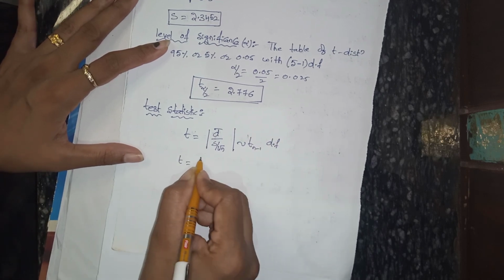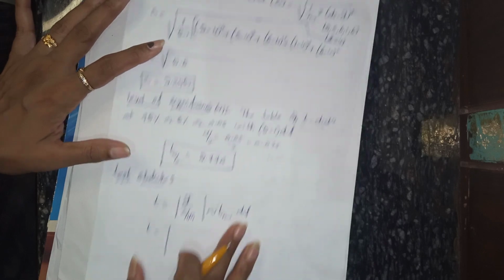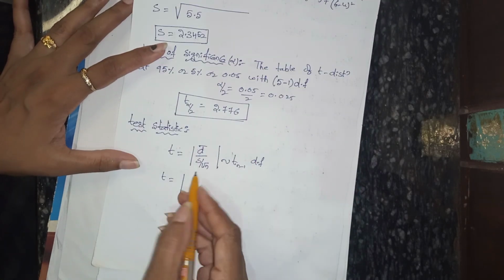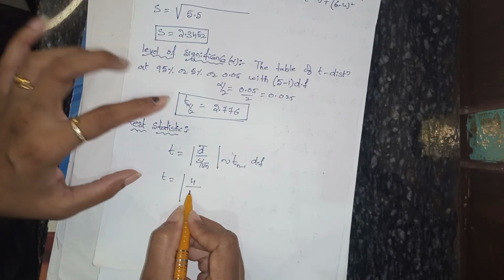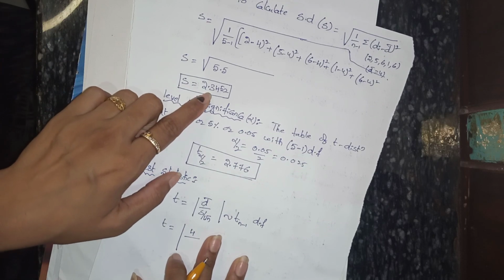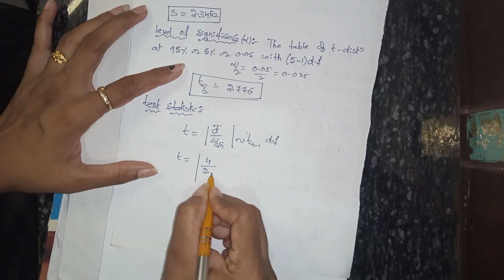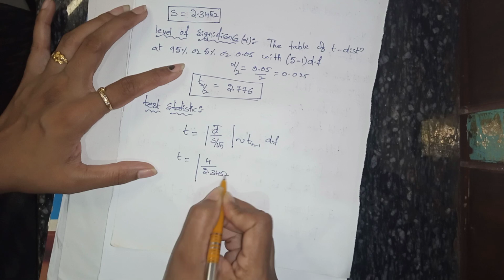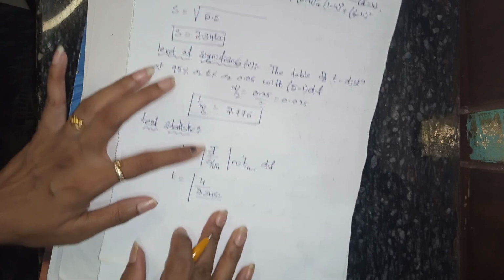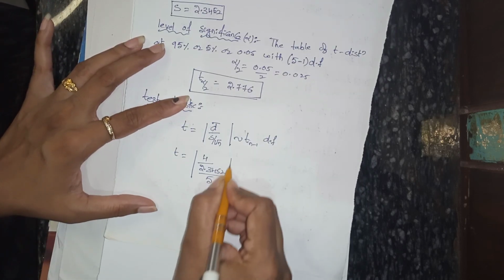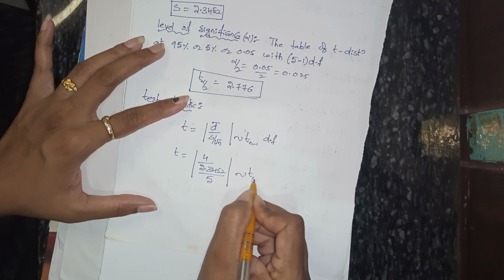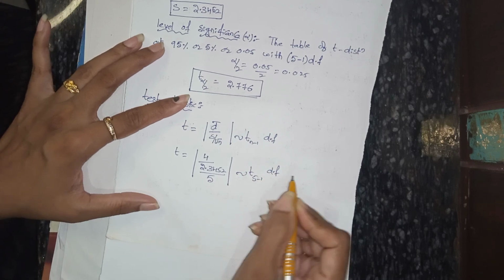So what is the D bar value? D bar value is 4. So 4 by, how much did we get here? 2.3452 divided by N. N is 5. That follows T with 5 minus 1 degrees of freedom.